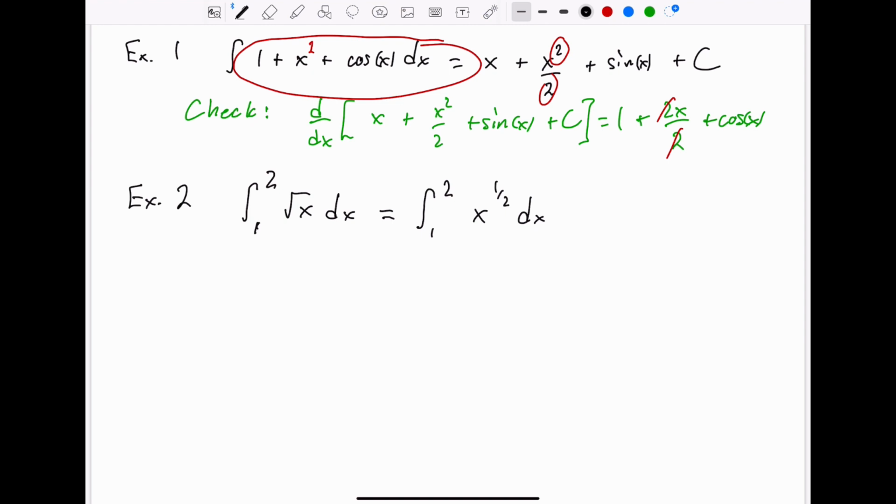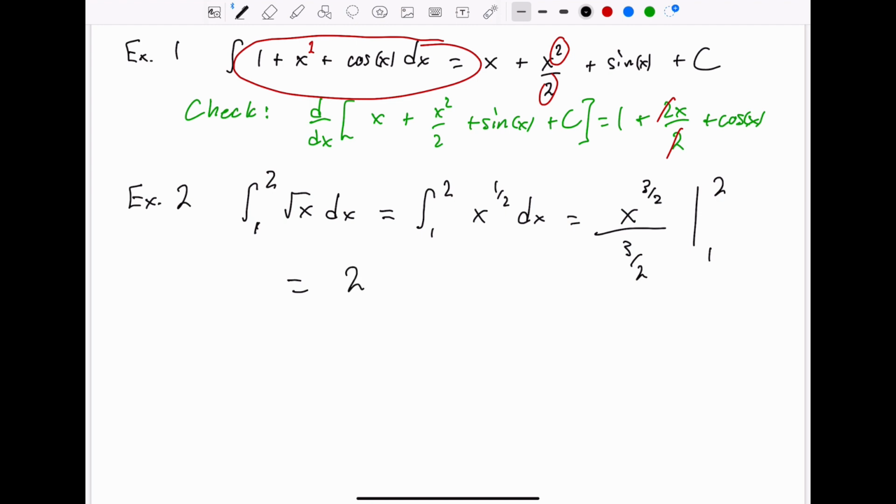When we have the antiderivative of x to a power, we increase the power by 1, so we have x to the 3/2, and then we divide by the new power 3/2. We will plug in the 1, plug in the 2, and take the difference. I don't like the fraction divided by the fraction expression here, so we can invert this denominator 3/2 and multiply by 2/3.